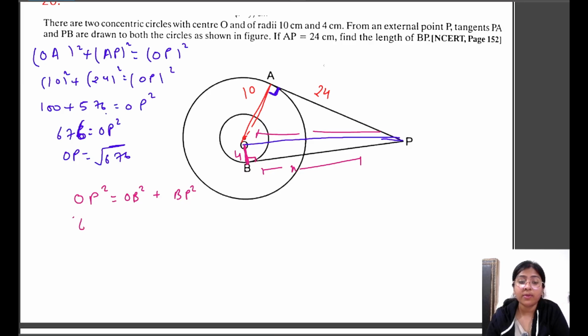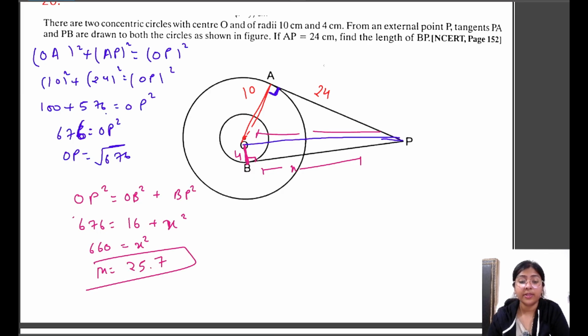OP square will be 676, OB square will be 16 and BP square will be x. To find the value of x, you need to subtract them. So the value of x is under root 660, which is approximately 25.7.